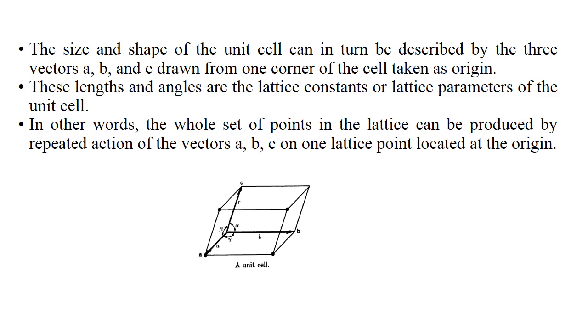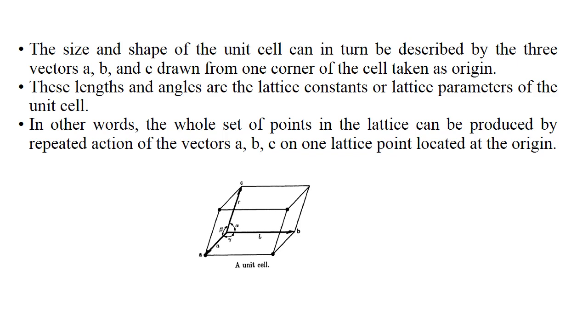They may also be described in terms of their lengths A, B, C, and the angles between them, which may be alpha, beta, and gamma. The lengths and angles are the lattice constants or lattice parameters of the unit cell.